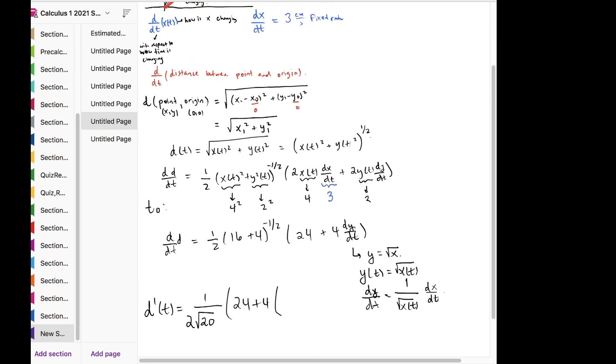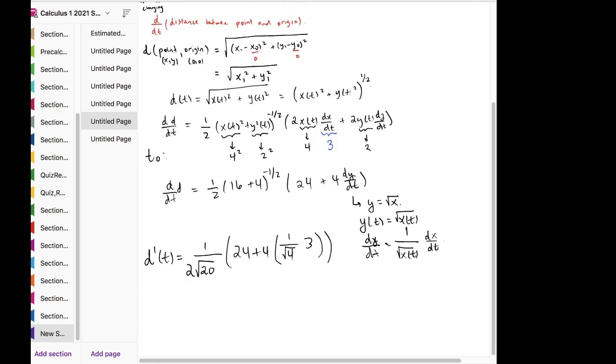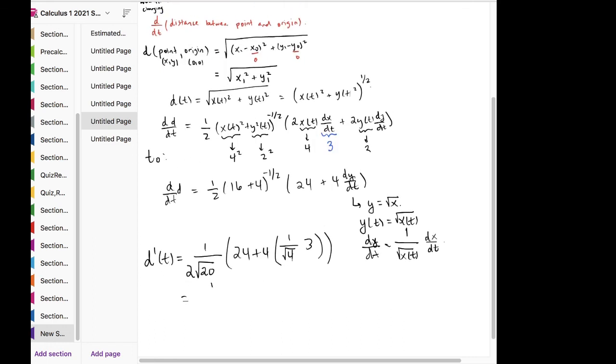T naught was 4, 2, right? So this is 1 over square root of 4. And then dx dt was 3. So 1 over 2 radical 20 times 24 plus, so this is 2, makes 6. So 30 over 2 radical 20, and that's 15.